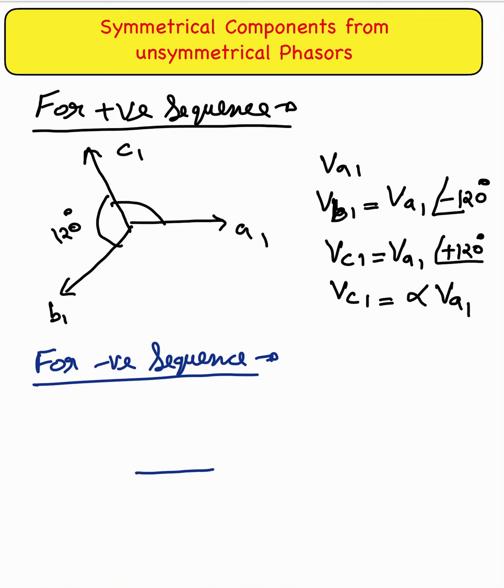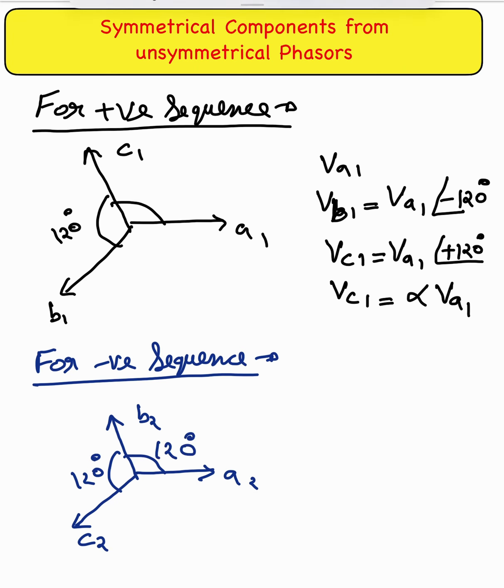So this is the negative sequence: A2, C2, and B2, and the phase displacement is 120 degrees.